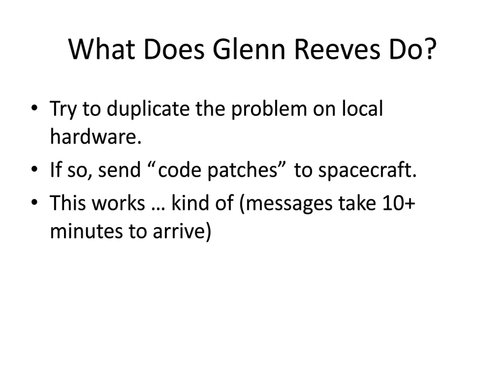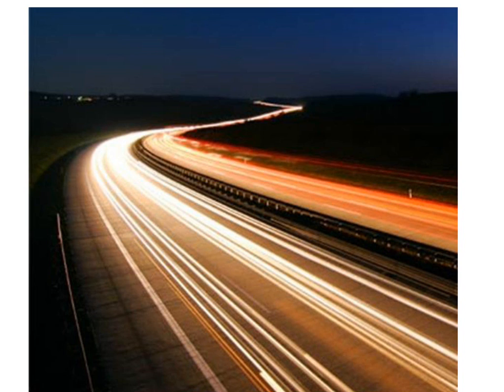Now, this works, kind of. Messages can take 10 minutes to arrive if you're going to, let's say, Mars, but it can work, and that's what he had to do with the Mars lander. So even at the speed of light, things can be a little bit slow.